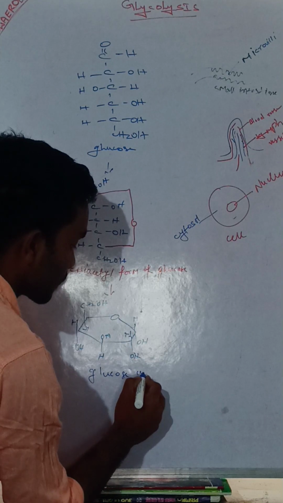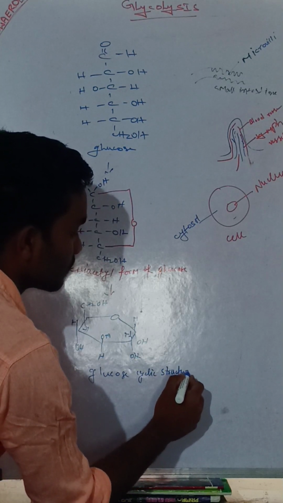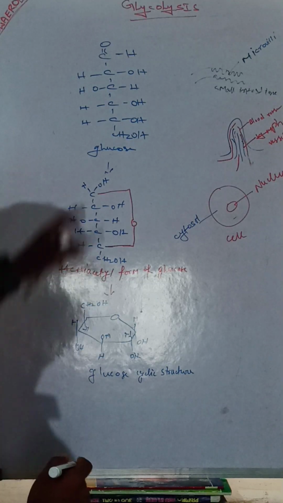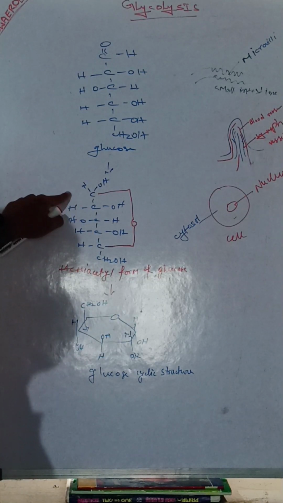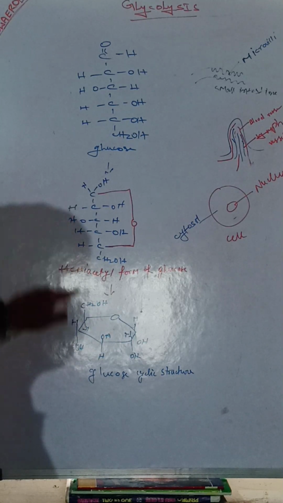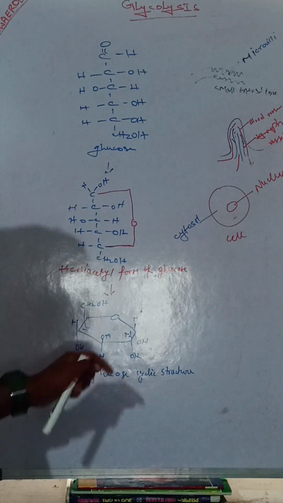Glucose cyclic structure. Okay. This is the linear structure. It turns into the hemiacetal form of the glucose. Then the cyclic form of the glucose.